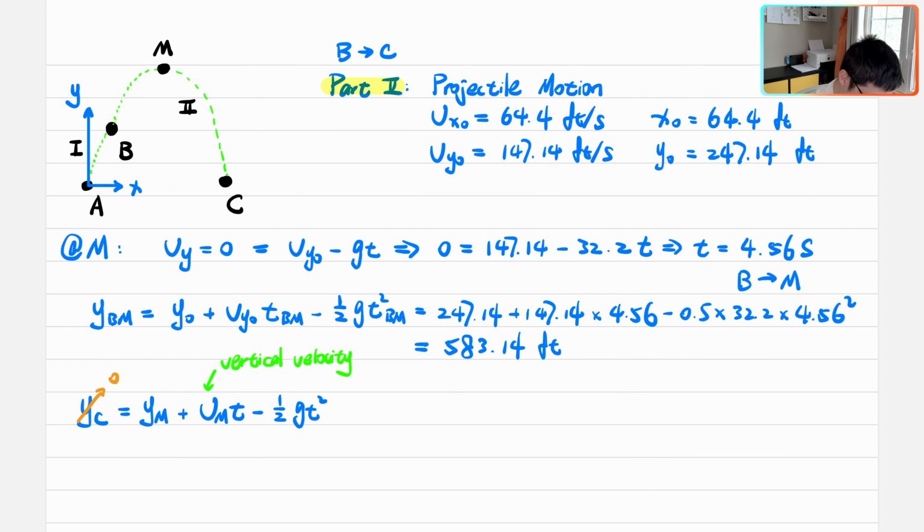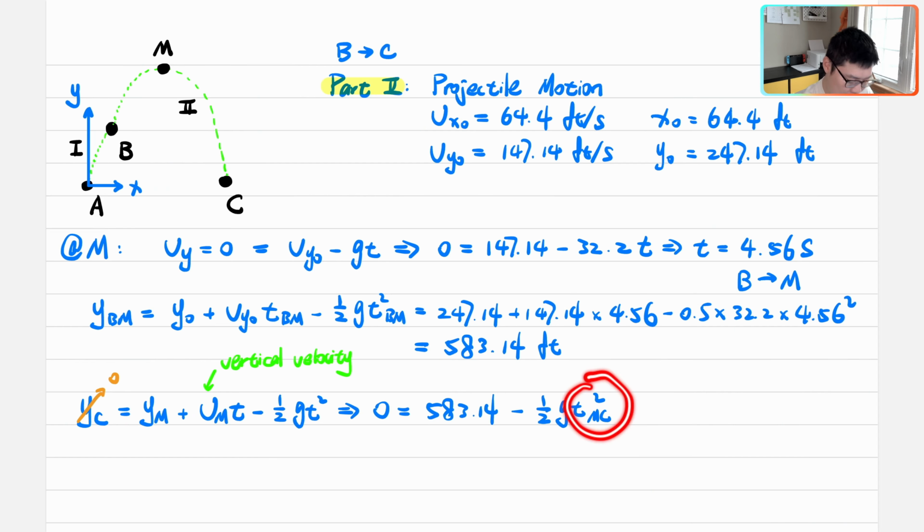So what we have in this formula is 0 equals 583.14 minus 1/2 g t from M to C squared.